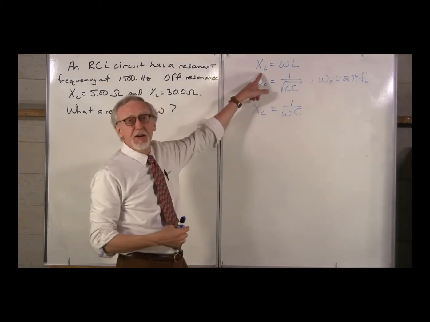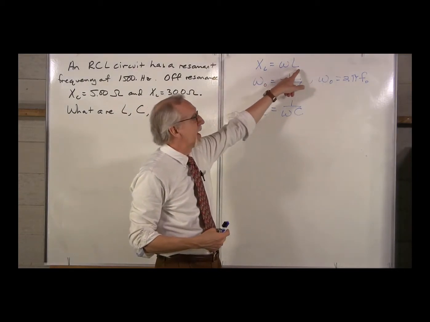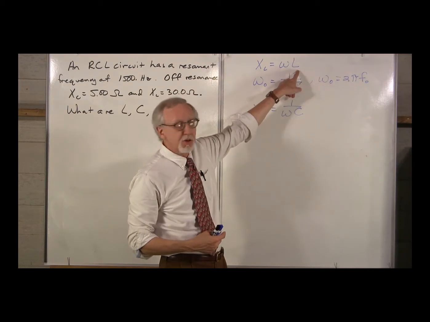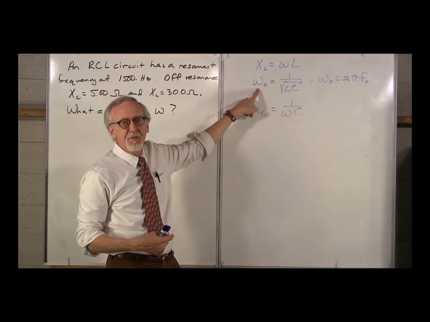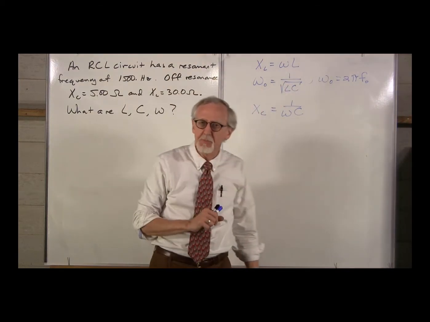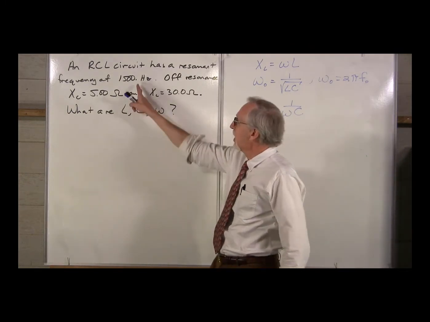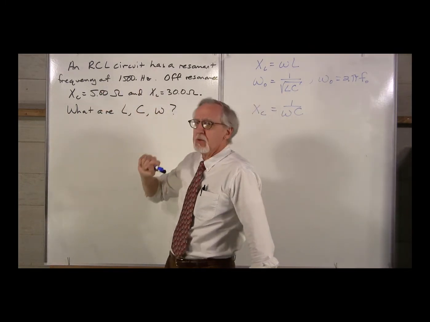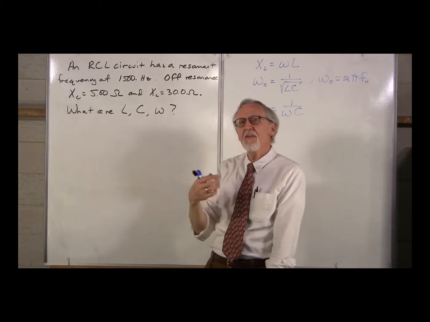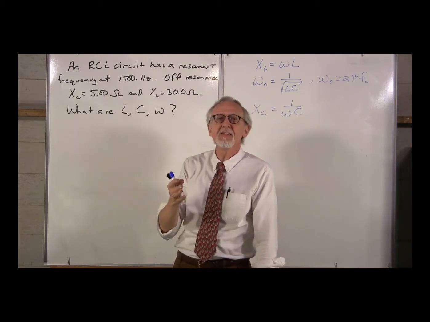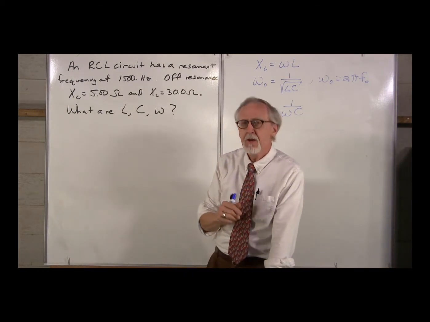So what are those things? Well, we know the inductive reactance is omega L, and there's L, that's what we're looking for. We know the resonant frequency, but let's just be a little bit careful. What are we given here? We're given a resonant frequency, but keep in mind, we have a resonant frequency and a resonant angular frequency.